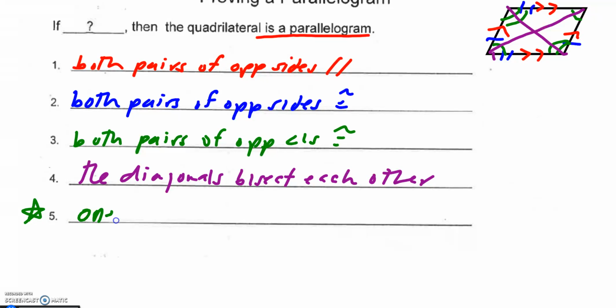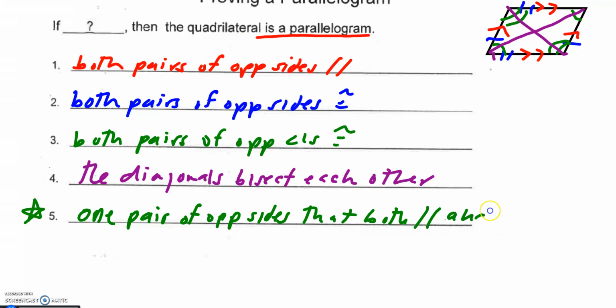If you happen to have one pair of opposite sides that are both parallel and congruent, then you have a parallelogram. Let me show you why.